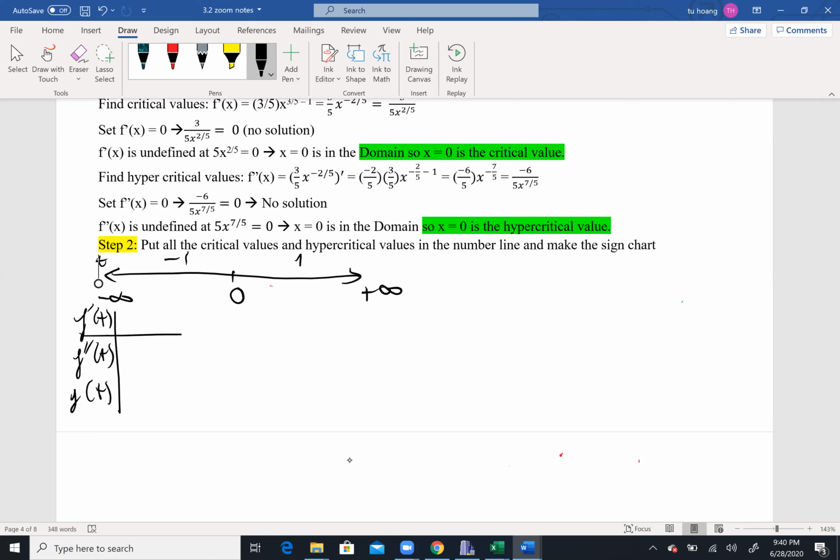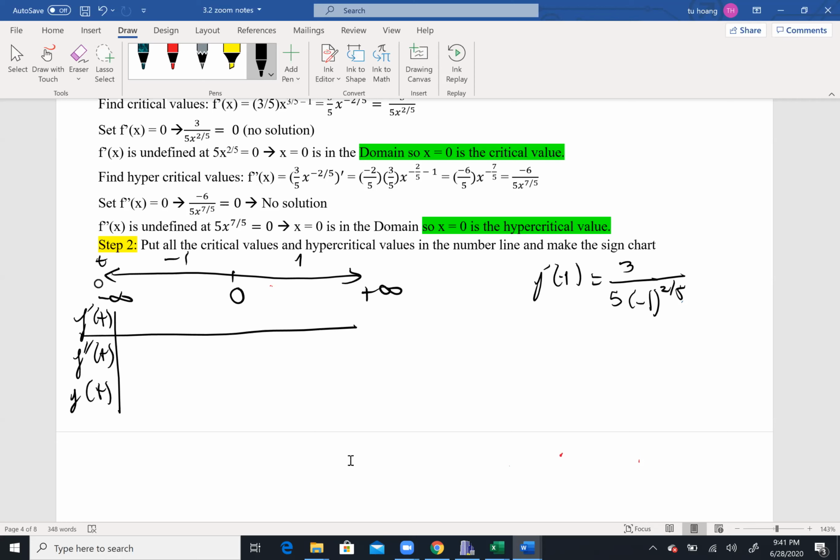Okay, so the first one, if t equals -1, what happens with the first derivative? I have f derivative of -1 will be 3/5 times -1 to the power 2/5, and that will give me a negative value.